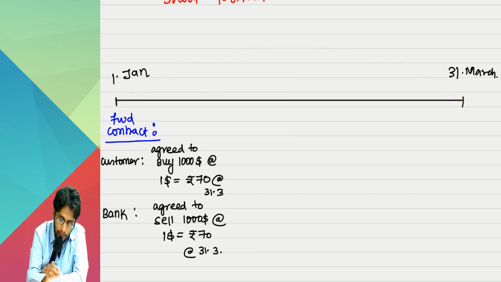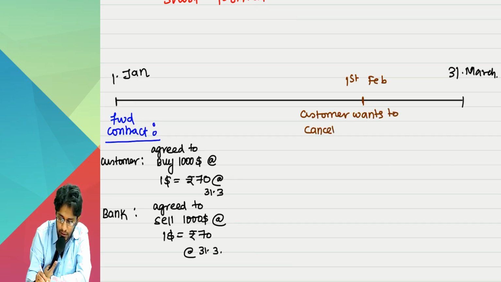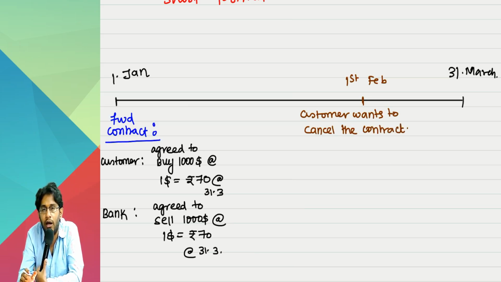But before 31st March, let us say on 1st of February, the customer wants to cancel the contract. You are already a party in a forward contract or a futures contract, but before the maturity date, you want to get out of this. Now, how to get out of this?